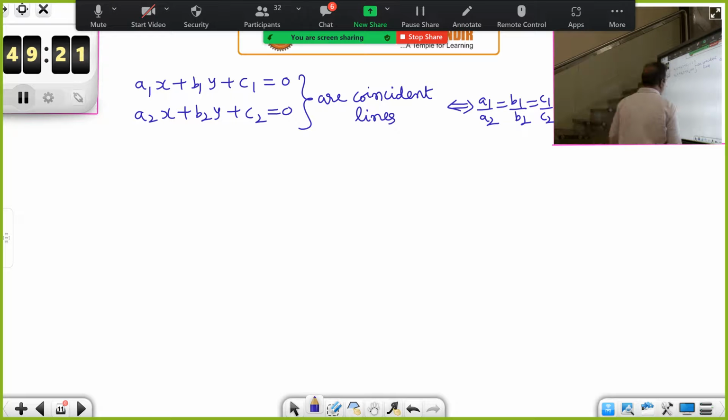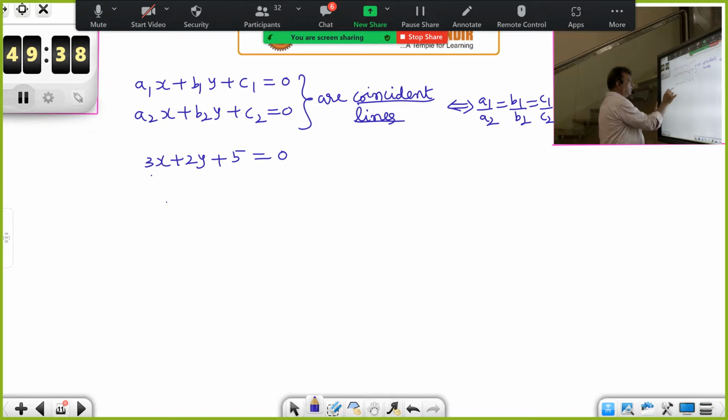Okay. Coincident line means same line. They will not represent different lines. They are the same lines only. For example, 3x plus 2y plus 5 is equal to 0. Now 6x plus 4y plus 10 equal to 0.